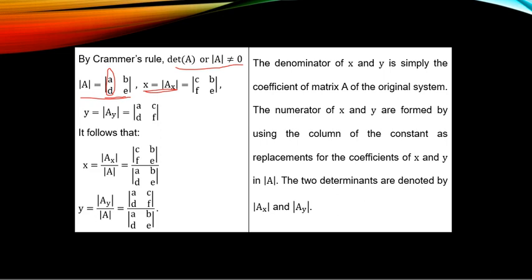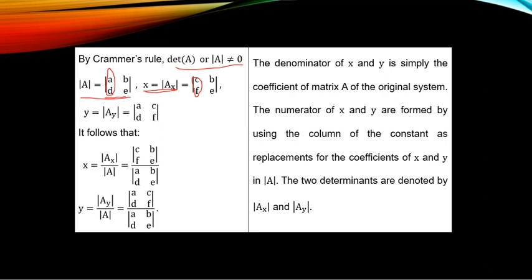And the constant matrix is c, f. To obtain the determinant of A sub x, you replace the x column with the constant matrix. The y column remains.